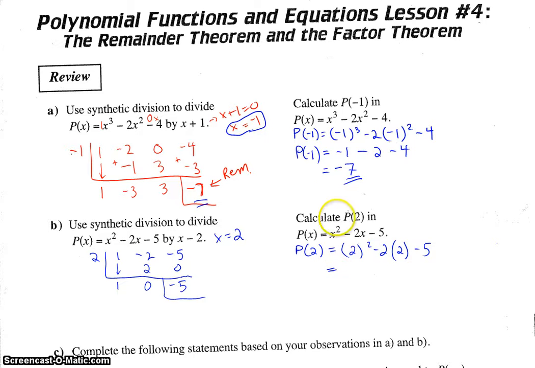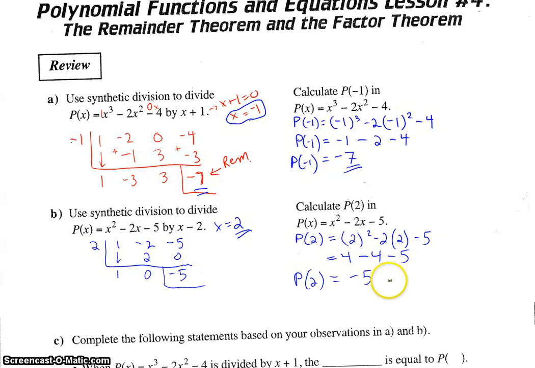Simplify that. So P at 2: 2 squared is 4, -2 times 2 is -4, minus 5, and look at that, we get -5. So P at 2, and that 2 is coming from here, is equal to our remainder.